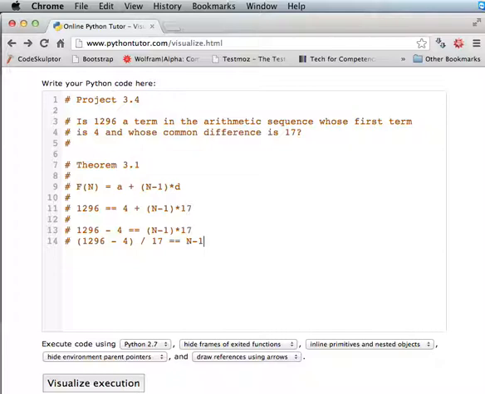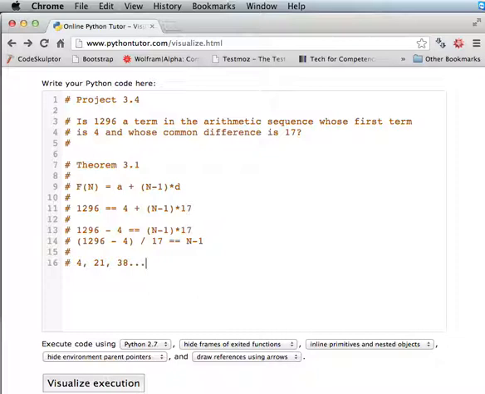So let's think about this for a second. We have an arithmetic sequence that starts with an integer, right? Starts with the number 4. Let's write out a few terms of our sequence. It starts with the number 4, and then we're going to add 17 each time. So 4 plus 17, that's 21. If we add another 17, that's 38. And we keep going, right?